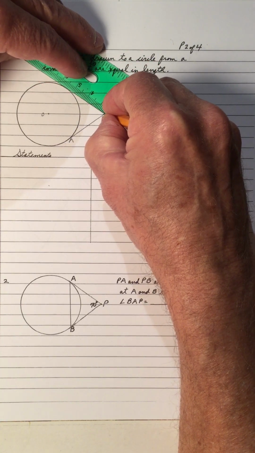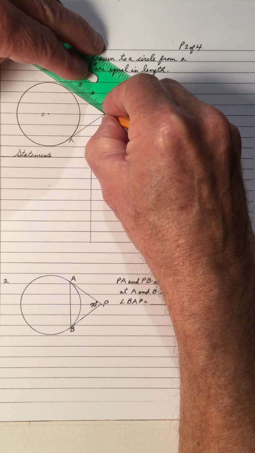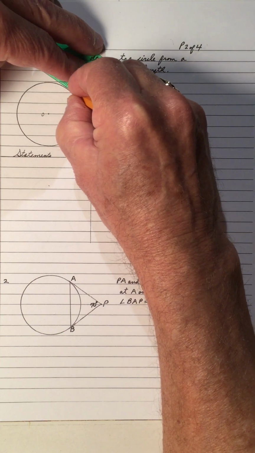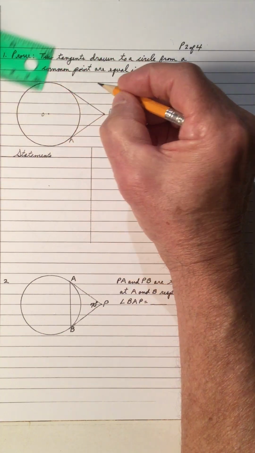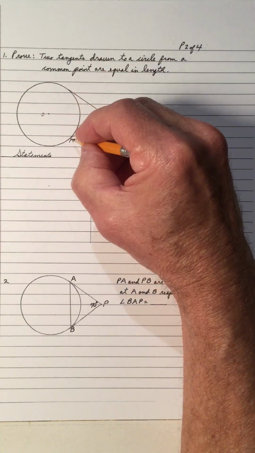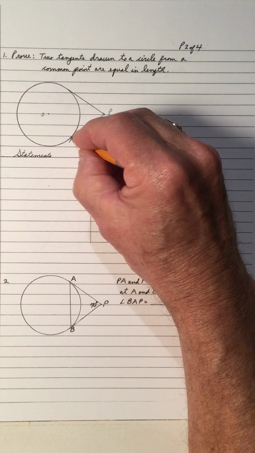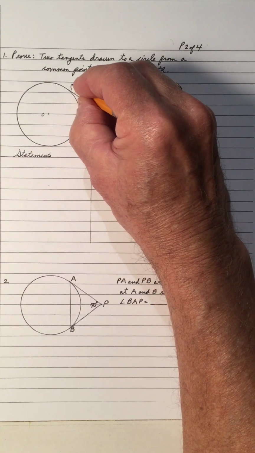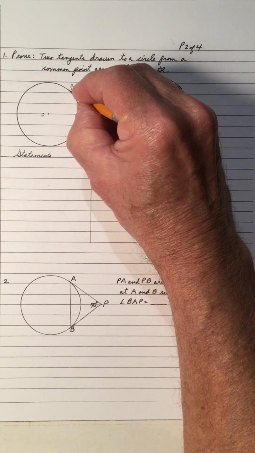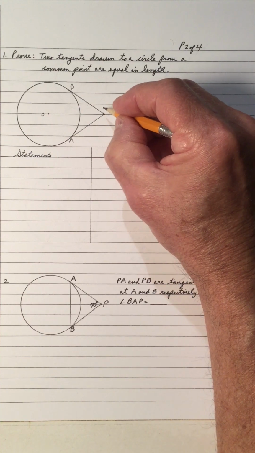Again, this is just approximate. So there's the tangents. That's a tangent here, AP, and this is the tangent here, and we call this point B. So this is the tangent PB.